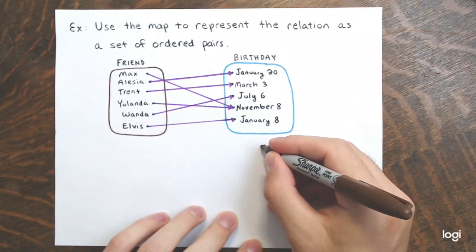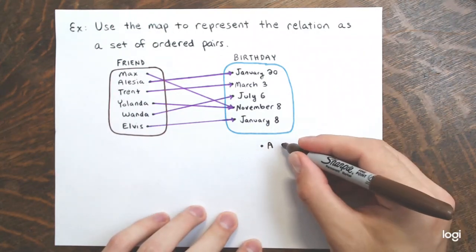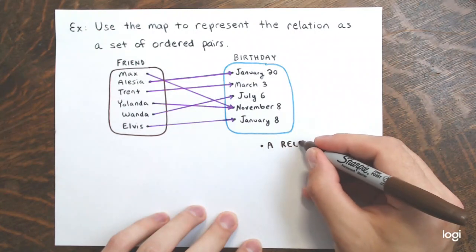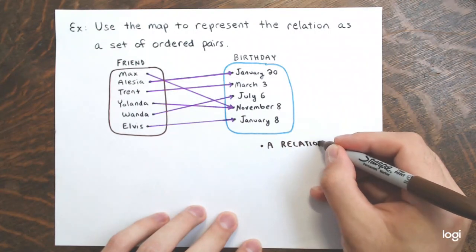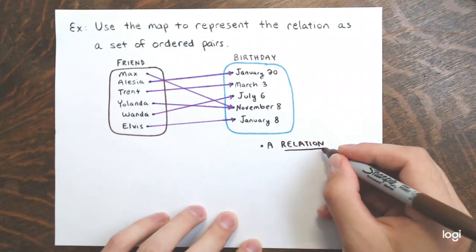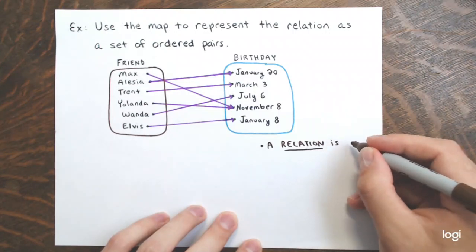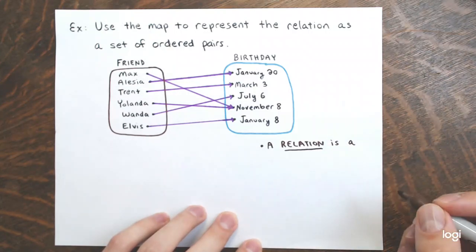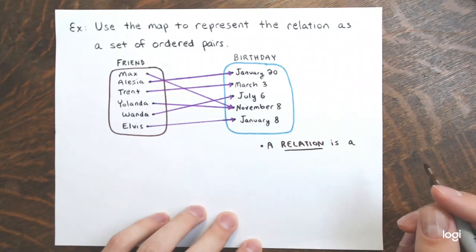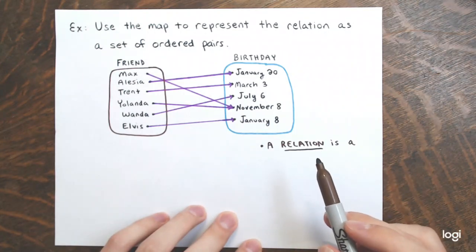So first off, a relation in mathematics is a correspondence between two sets. It's really just short for relationship.